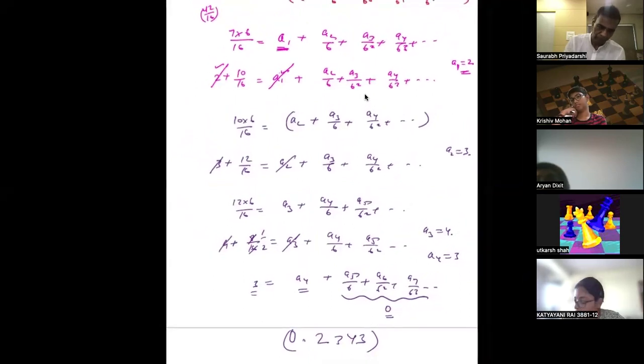Sir, if it were a base greater than 10, then also the same thing? Right, the same method we have to follow. Like the numbers we can take up to. Let me also create a question for a base greater than 10.